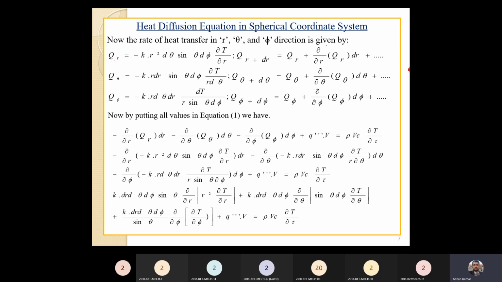Now it is a technical. I am just writing here a simple Fourier equation.